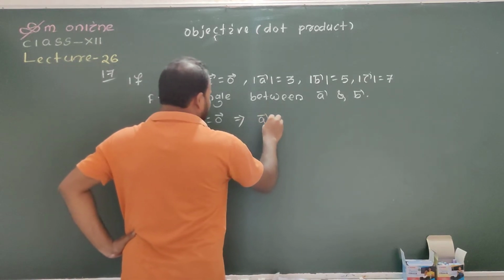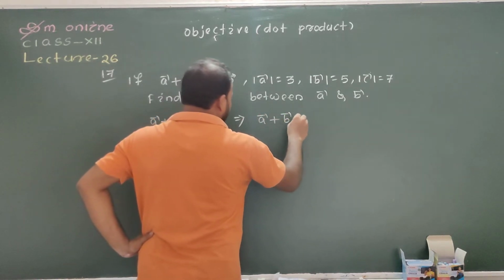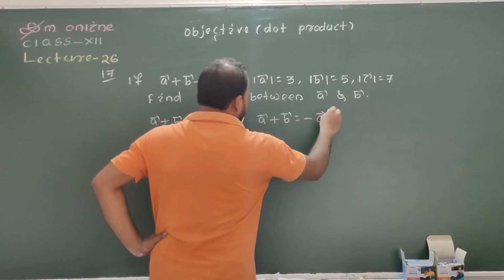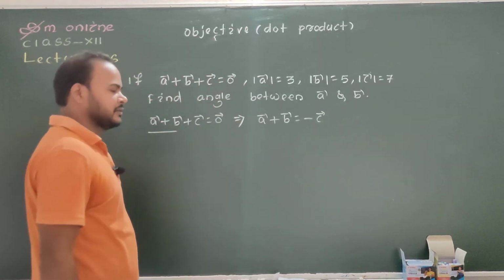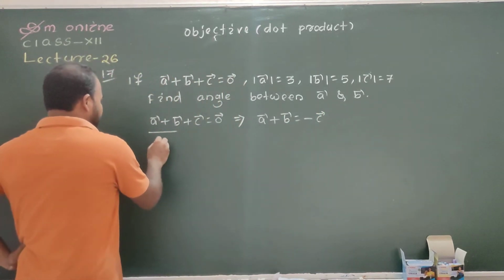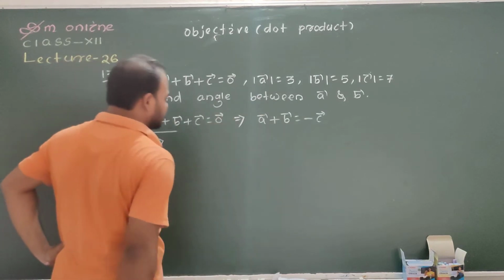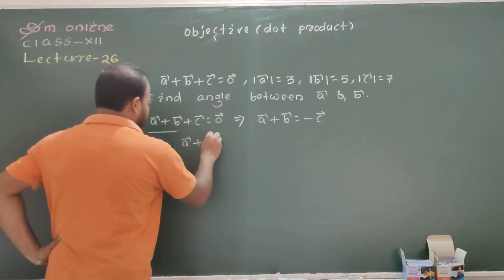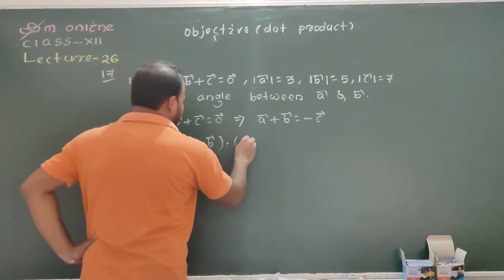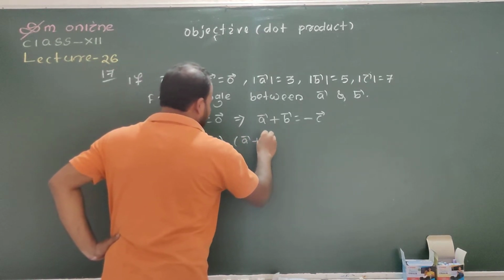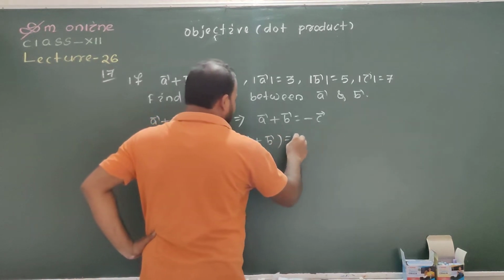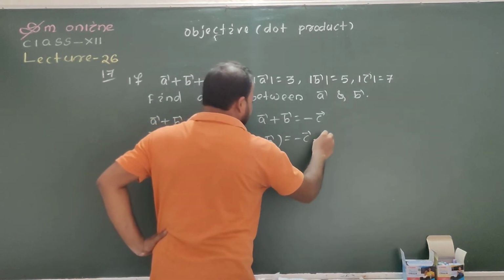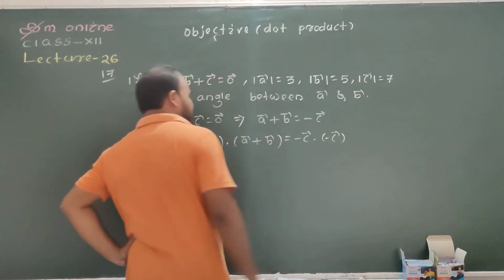That is vector A plus vector B equal to minus vector C. If we take the dot product on both sides, that is vector A plus vector B dot vector A plus vector B equal to minus vector C dot minus vector C.